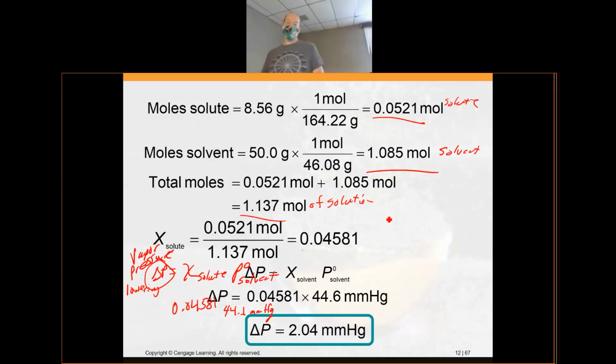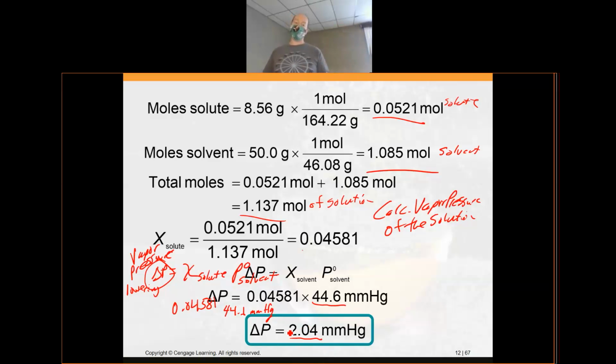All right. So the next question is calculate the vapor pressure of the solution. Sometimes it asks for what's the vapor pressure lowering. The answer is 2.04. Sometimes it asks for what's the vapor pressure of the solution? You have to understand what you're saying when you said a vapor pressure lowering. That means we started at 44.6 and we lowered it by 2.04.